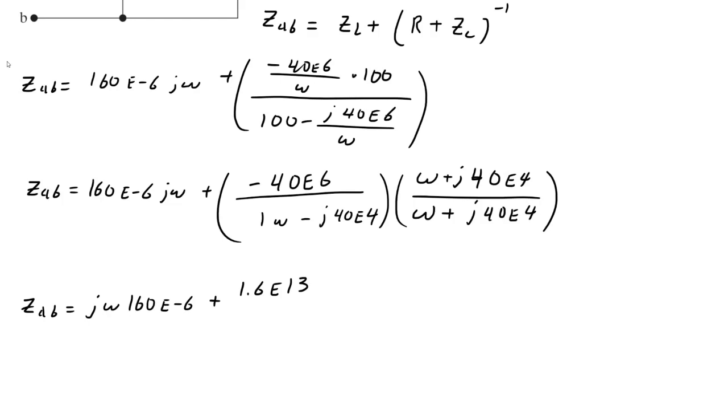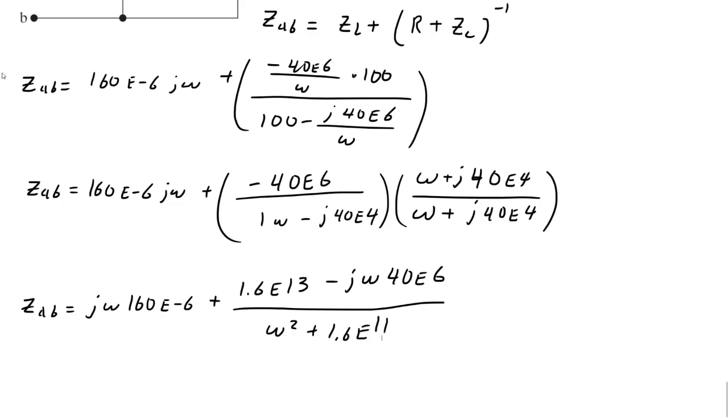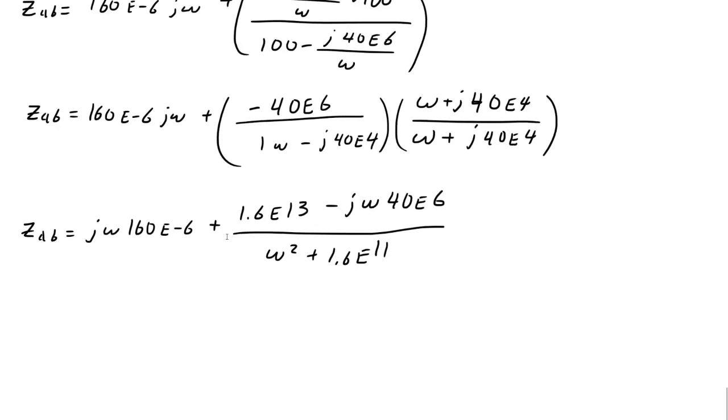That's over, or minus the J omega 40 million, all over omega squared plus 1.6 times 10 to the 11th power. So that's everything. 160 billion.